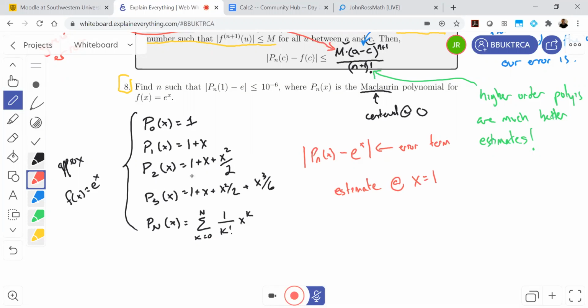According to the error-bound formula, we have |p sub n of 1 minus e to the 1| is going to be less than or equal to, and now it's going to be n plus 1 factorial in the denominator.